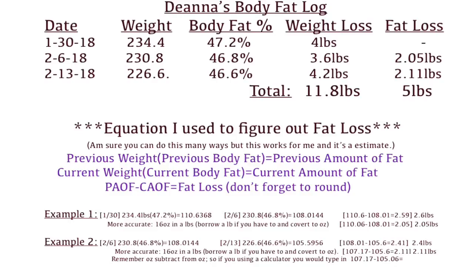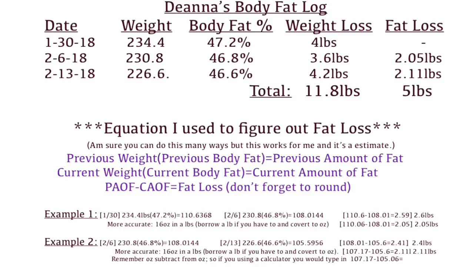Now, on this one, you can't just subtract those two. Even if you were to put 108.01 minus 105.06, the 01 is not greater than 6. So you have to borrow.